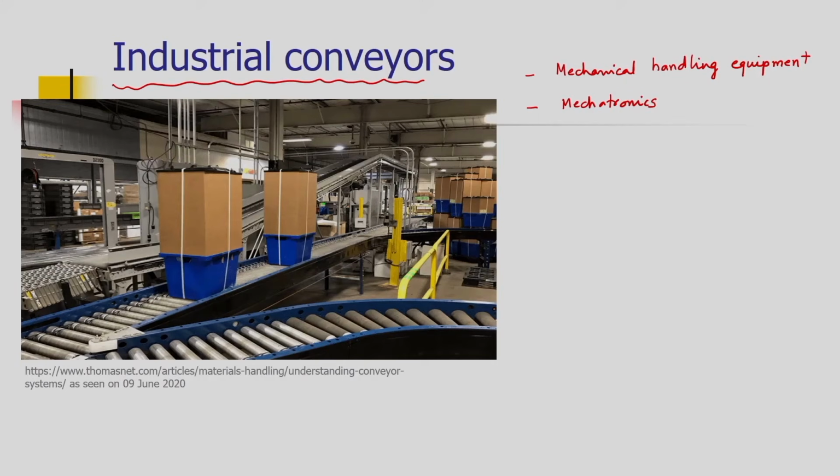On your screen you can see a typical conveying system, a roller based conveying system, and on the conveyor you can see the baskets, and over the baskets the goods are mounted.